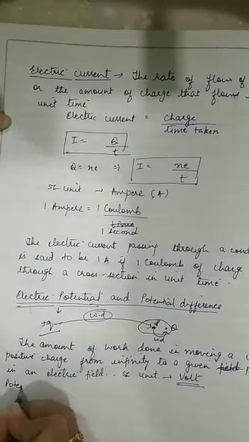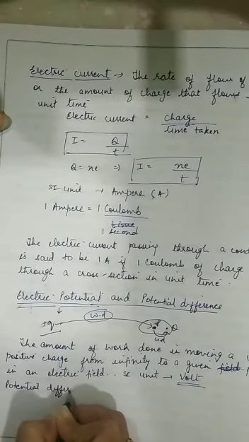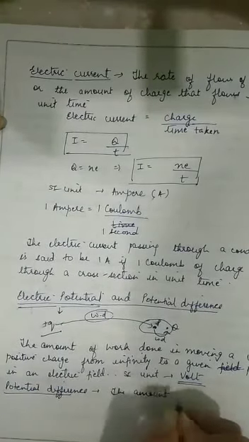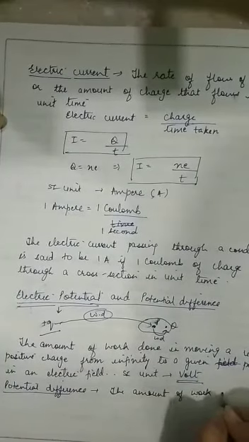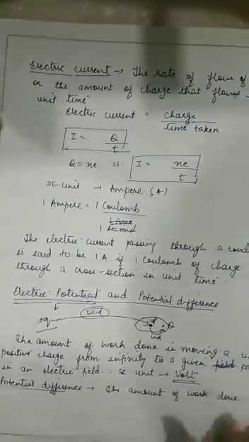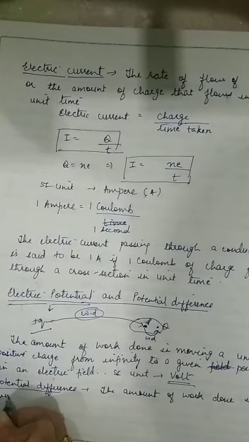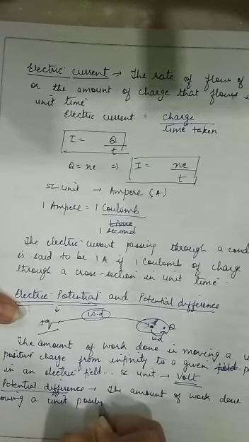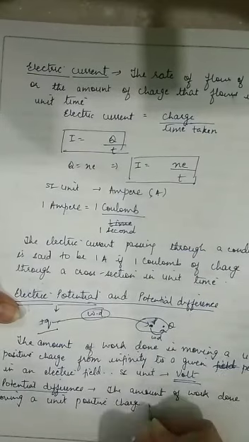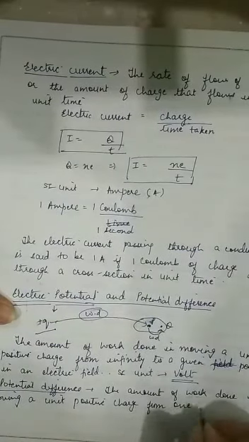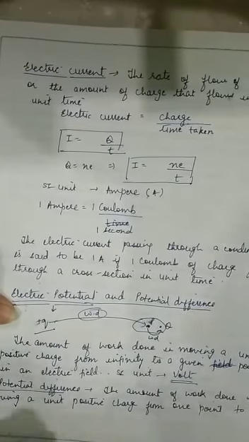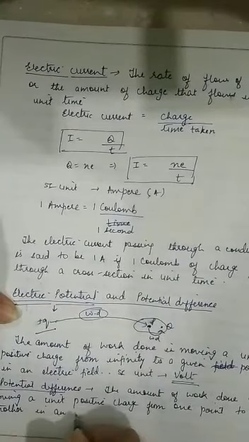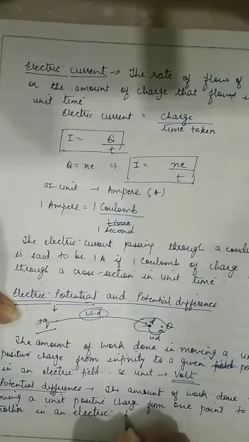That is, potential difference is the amount of work done in moving a unit positive charge from one point to another in an electric field.